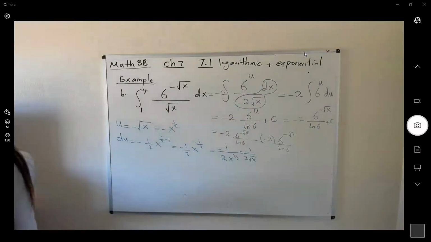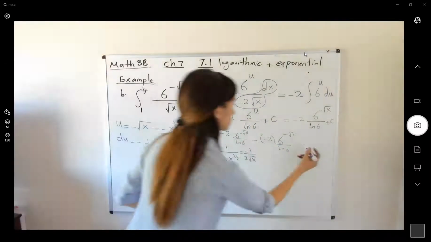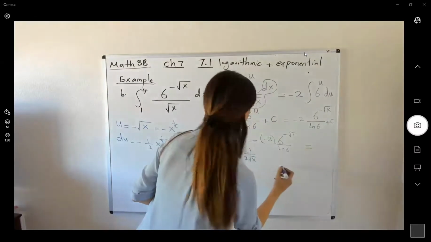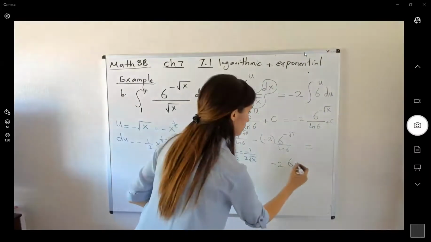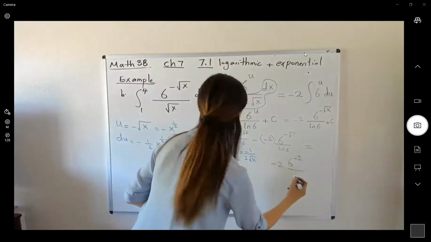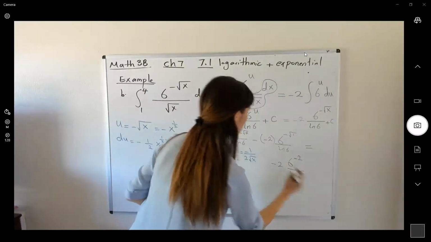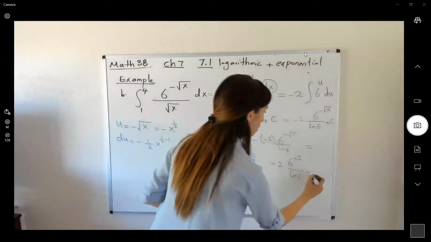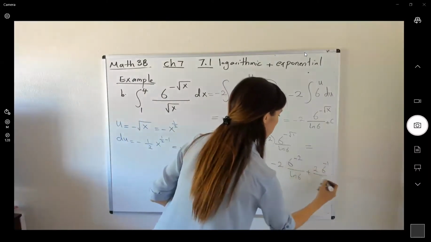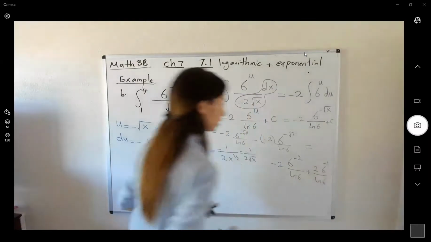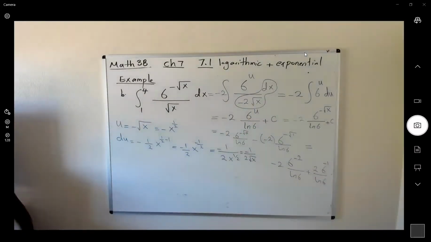So let us simplify this. Here you get negative 2 times 6 raised to negative 2 divided by ln of 6, plus 2 times 6 to negative 1 over ln of 6.